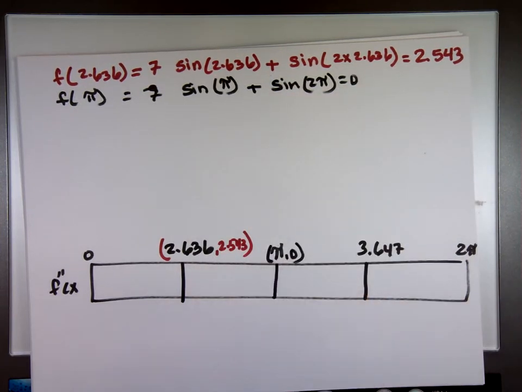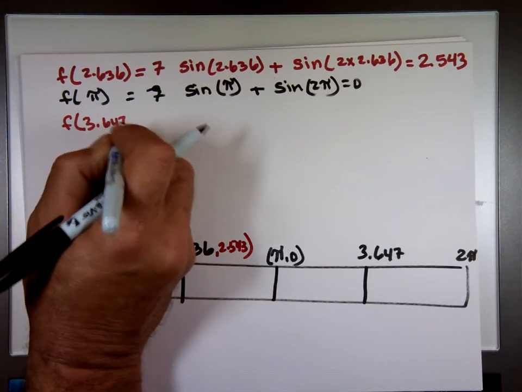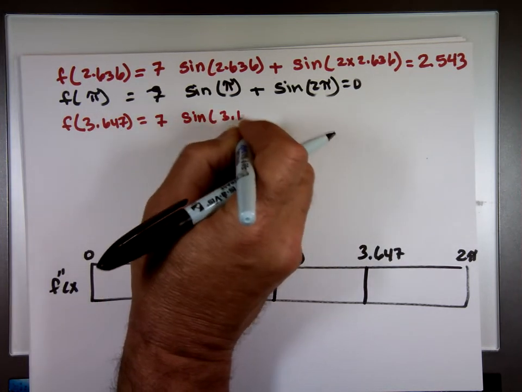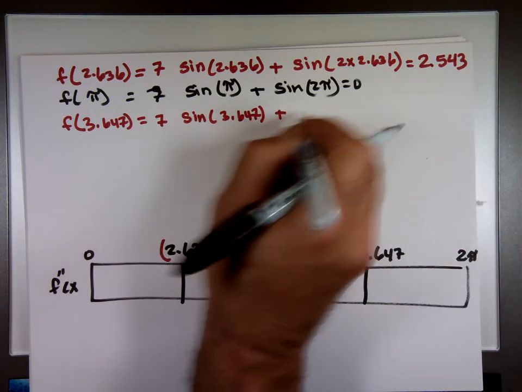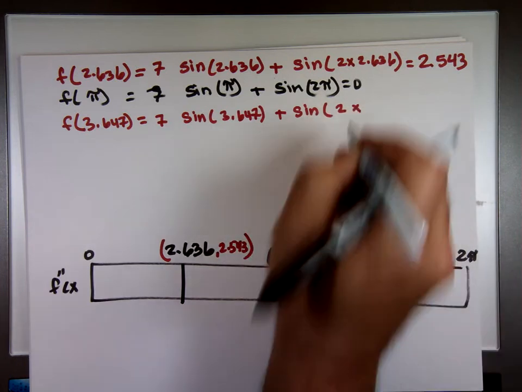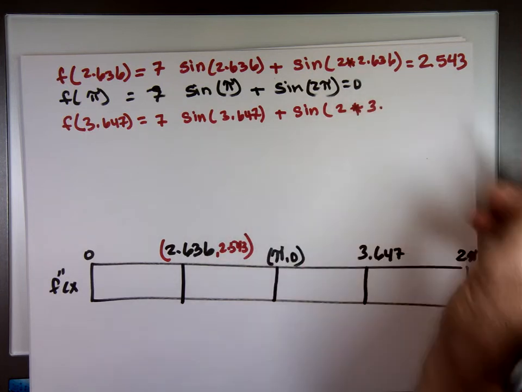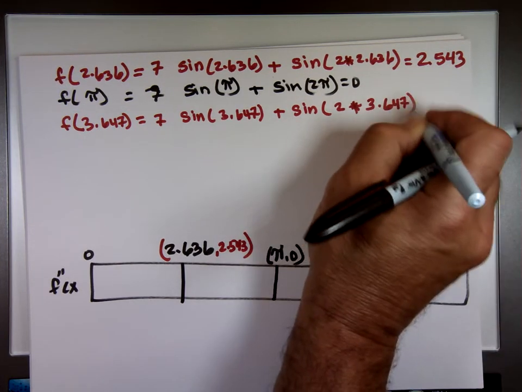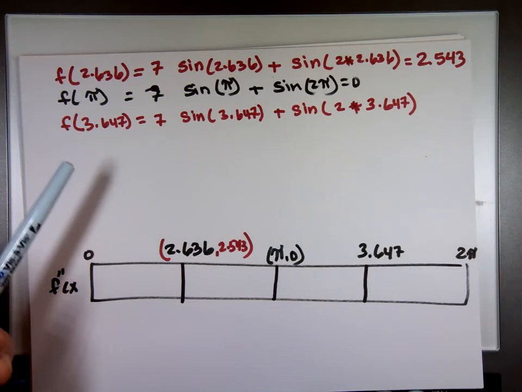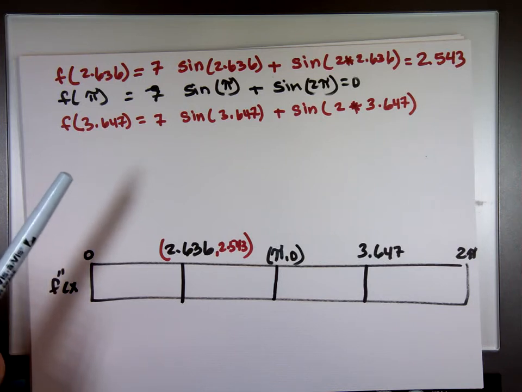And the last one, what's f of 3.647? Two times, not x, 2 times. I usually use asterisks for multiplication, so you don't think that's an x. 7 sine 3.647 plus sine of 2 times 3.647, oh, I forgot to close the parentheses.